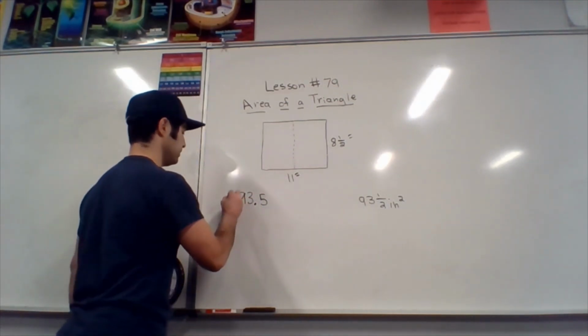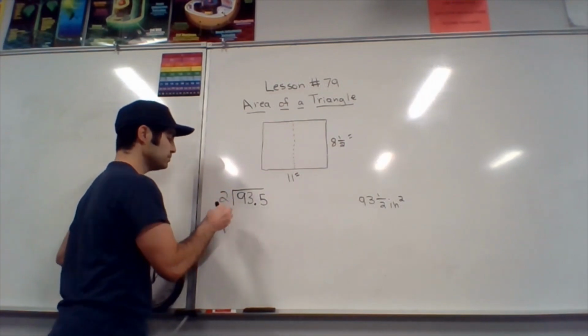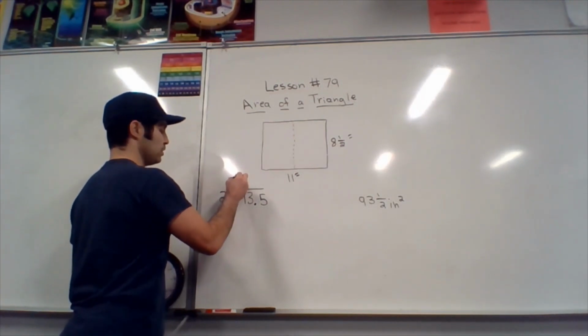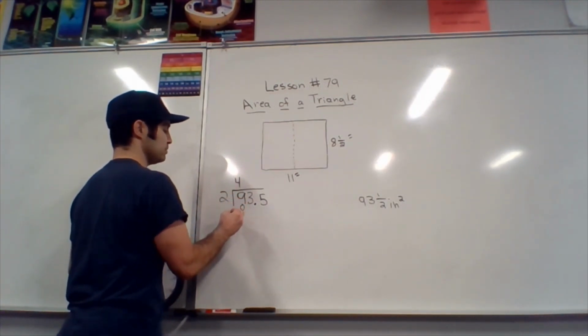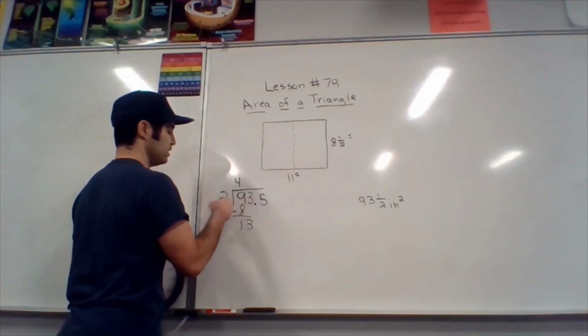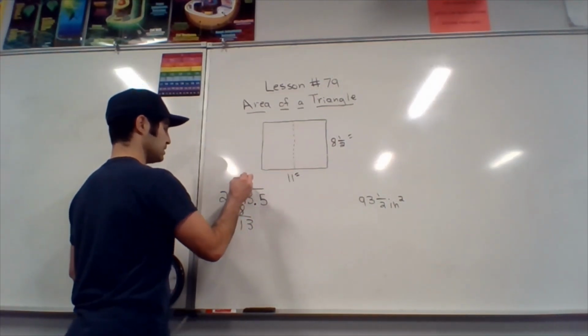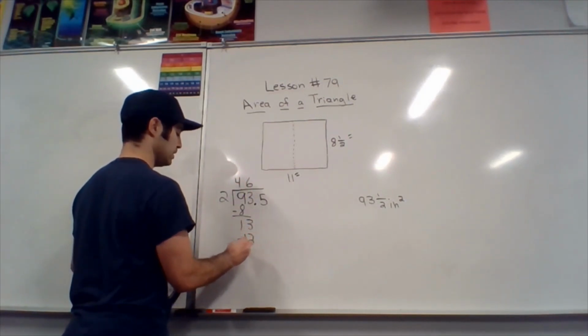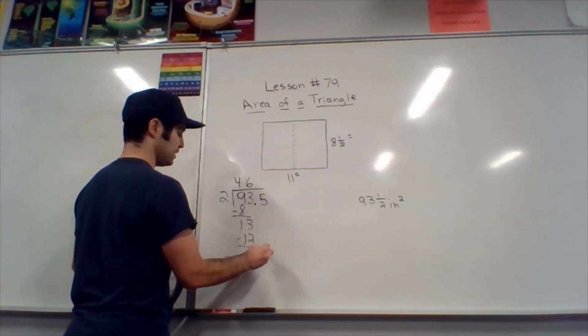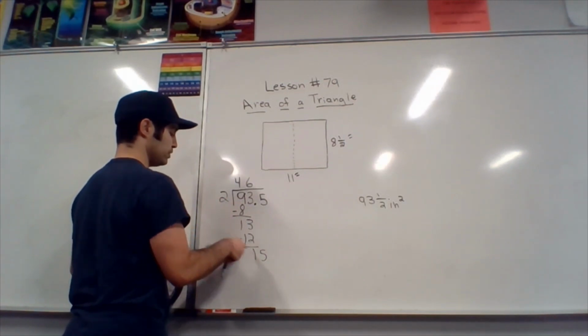5/10 divided by 2. 2 will go to 9 4 times. 4 times 2 is 8. Subtract 1, bring your 3 down. 2 will go to 13 6 times. 6 times 2 is 12. 1, bring your 5 down. 2 will go into 15.